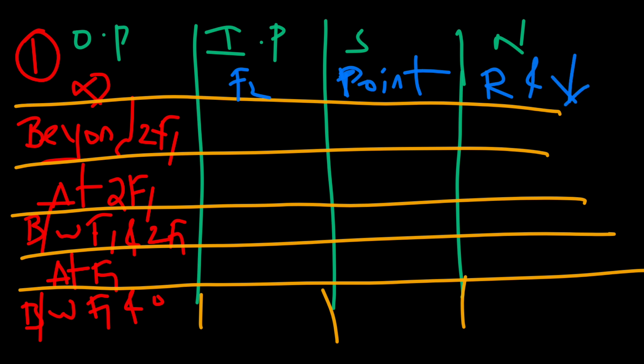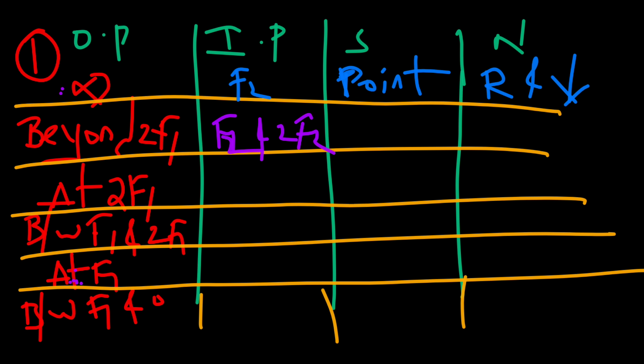So when the object is beyond 2F1, the image is in between F2 and 2F2. If you observe it carefully, this one and this one, right? So they both get interchanged.